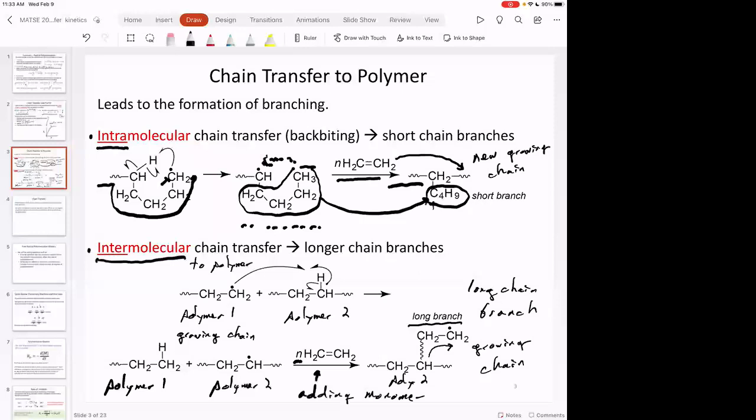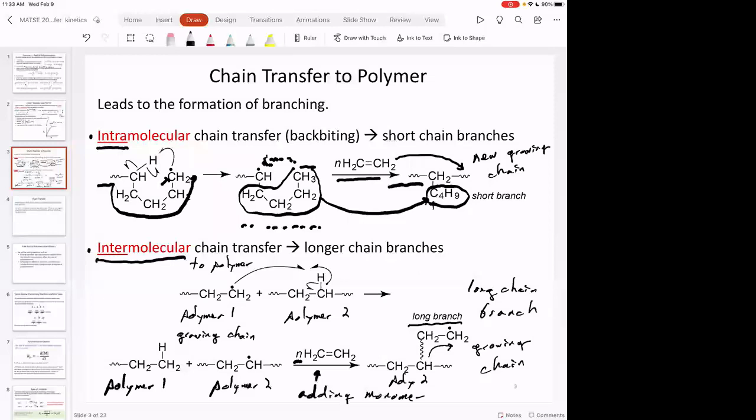Or if you take the next organic chemistry, they talk about major products and minor products. And so the branching is a minor product because there's lots of different things that can happen to the radical. And so this is a small fraction of just growing a polymer chain. So mostly we just grow linear polymer. We just do propagation. We make linear polymers from this and everything's well and good.